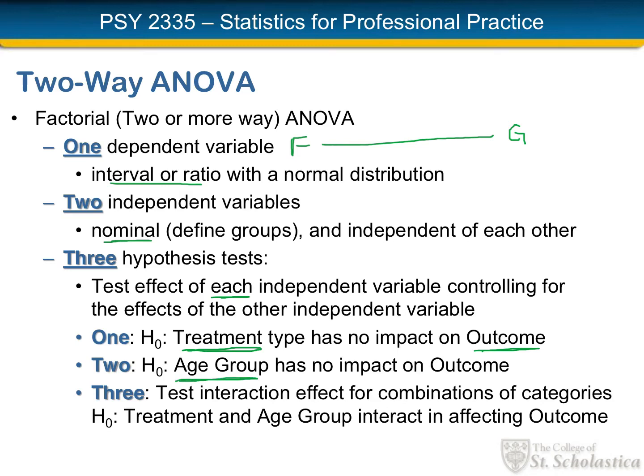Does, regardless of the treatment you receive, does the age group have an impact on the outcome of the mindset that you have? And finally, our analysis of variance looks for an interaction. It may be that one or another of the age groups is either particularly able to grasp the mindset information or perhaps particularly resistant to grasping the mindset information. And so there may be an interaction between the treatment and the age group.